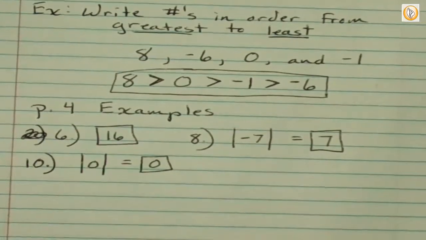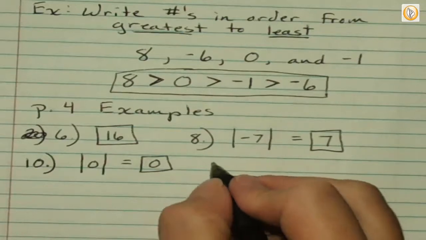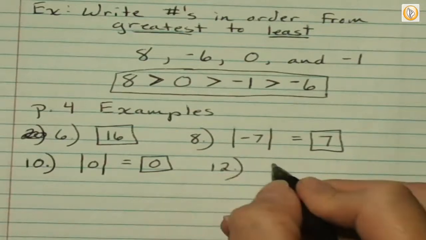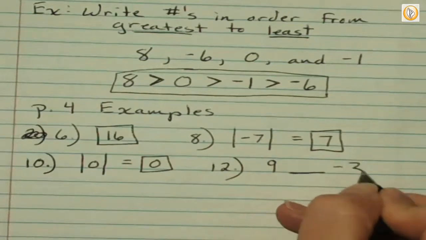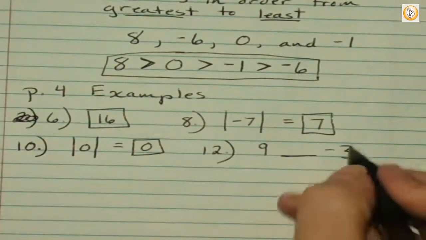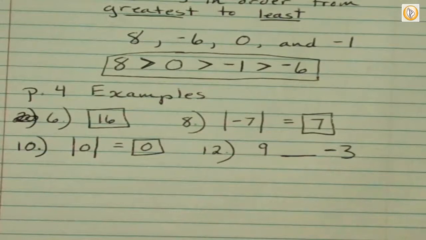Any questions so far? All right, directions on the next part. Compare by using less than or greater than. So 12, it's 9, and you're comparing it to negative 3. Kelly, which is greater? 9.